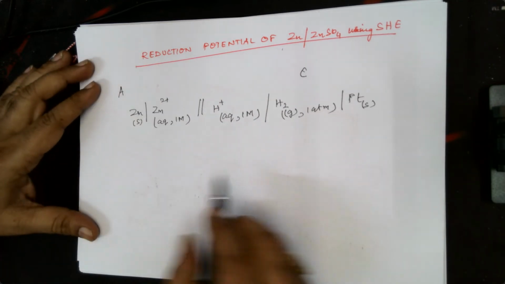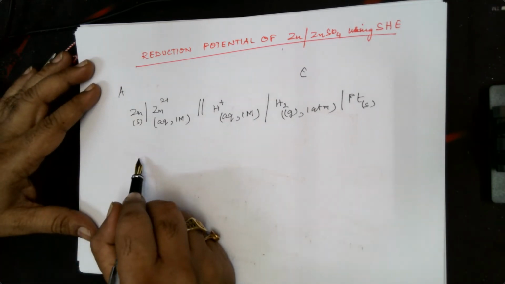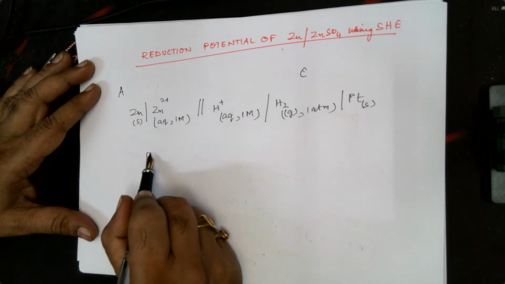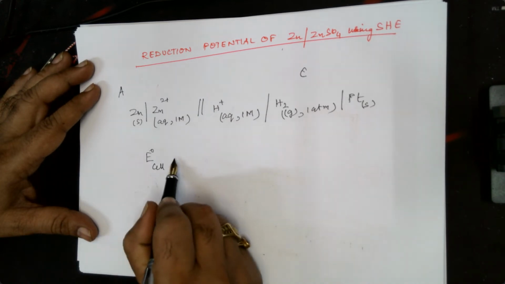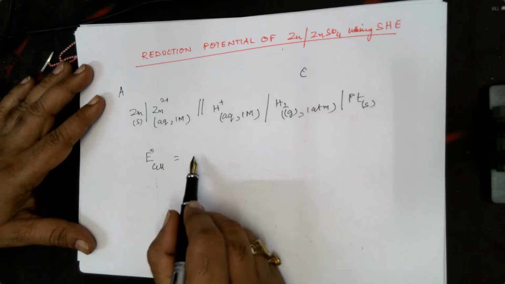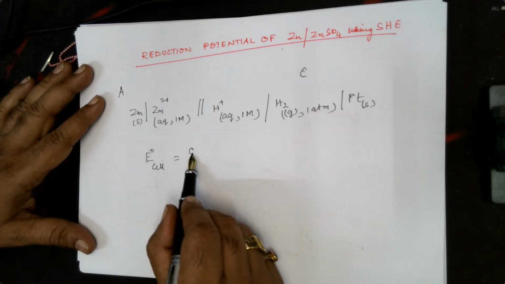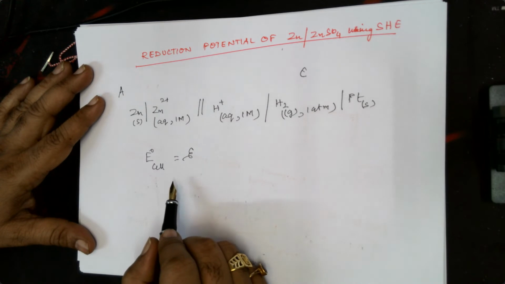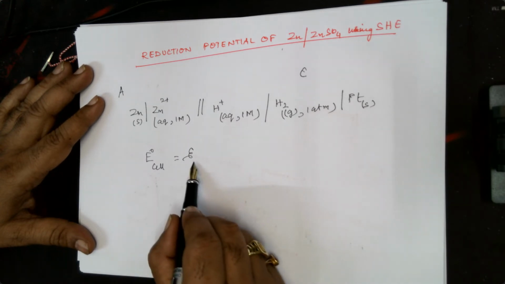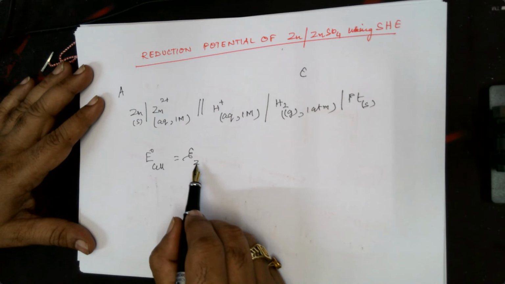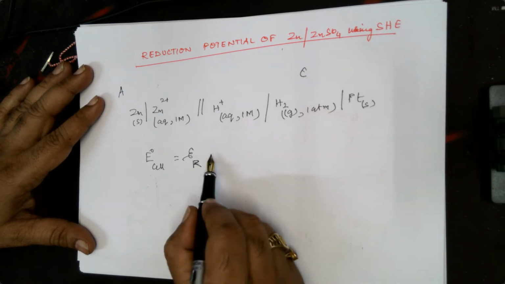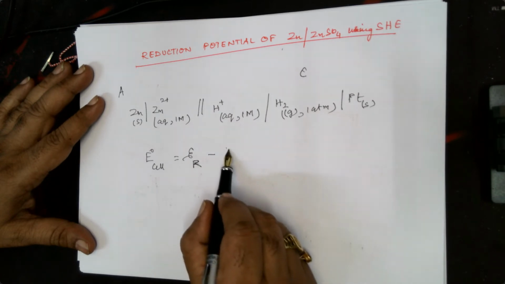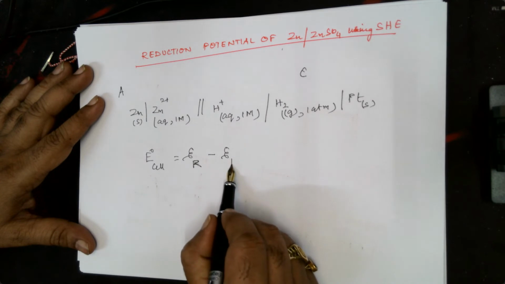So the famous equation is cell EMF, E0 cell, is equal to electrode potential of right electrode minus electrode potential of left electrode.